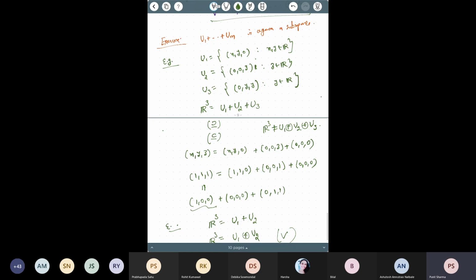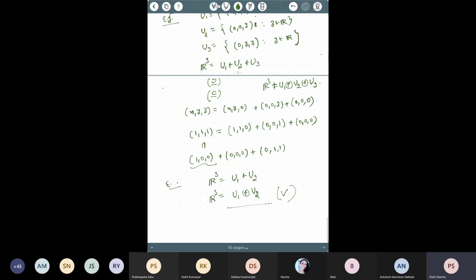Now suppose you want to prove that it is a direct sum, then how would you do it? In this case, it is very easy, like in the second example, it was easy to see the elements of R3, and therefore you can easily verify this.